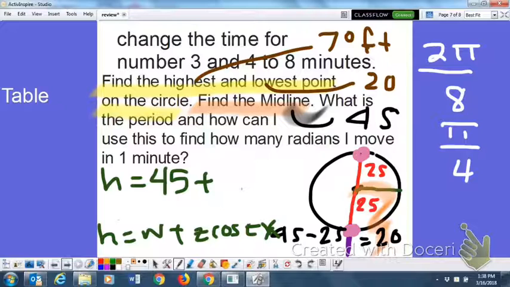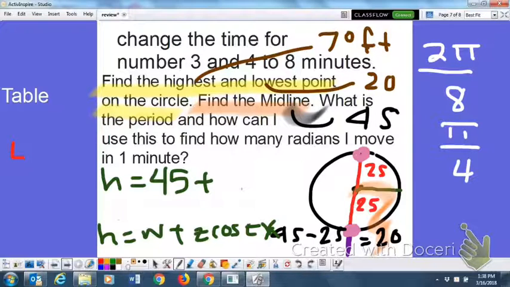Can we all agree that no time has passed because I haven't moved? So if I plug in a 0 for X, does it matter what number T is? No. Why not? Anything times 0 is 0.